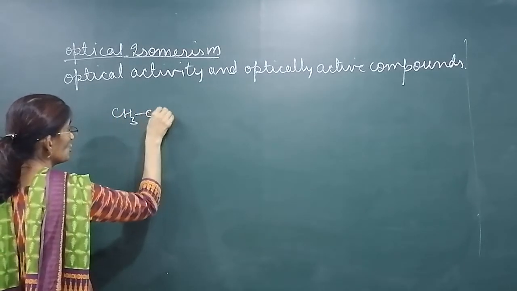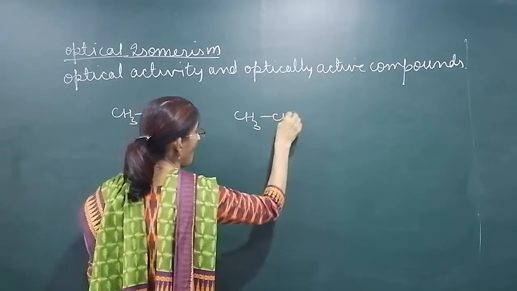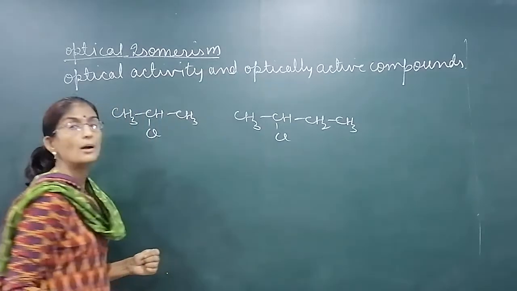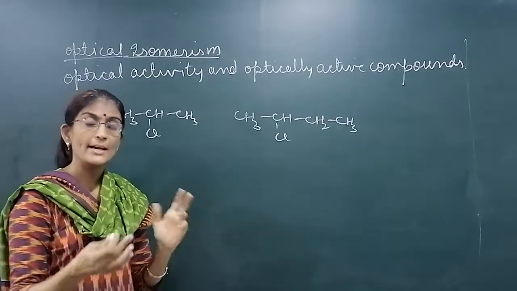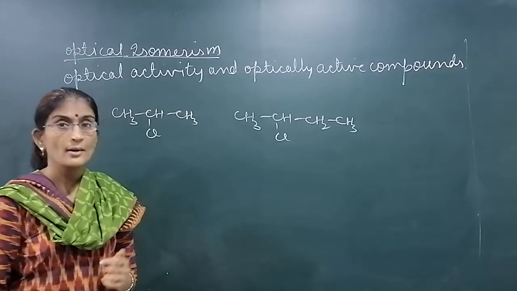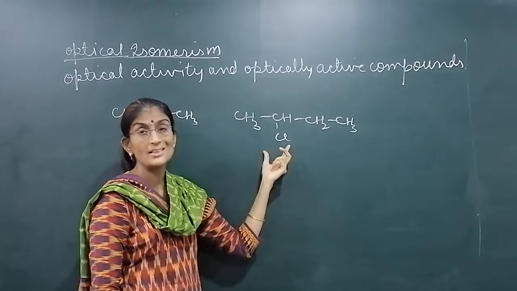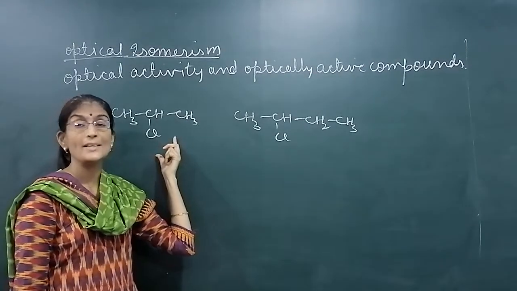This is 2-chloropropane and this is 2-chlorobutane. If I fill these two compounds at different times in the polarimeter tube, and I see whether they are capable of rotating light or not, then I can find out that 2-chlorobutane is capable of rotating the light, while 2-chloropropane is unable to rotate the light.